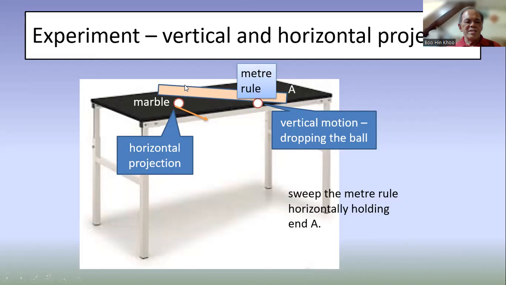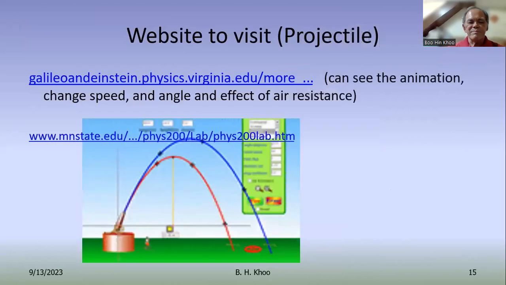As you slide the meter rule horizontally, this marble will be projected horizontally, whereas this one will drop vertically. You'll find both of them drop to the ground at the same time. Air resistance is negligible. Or you can go to this website and play with some of the projectile motion videos.